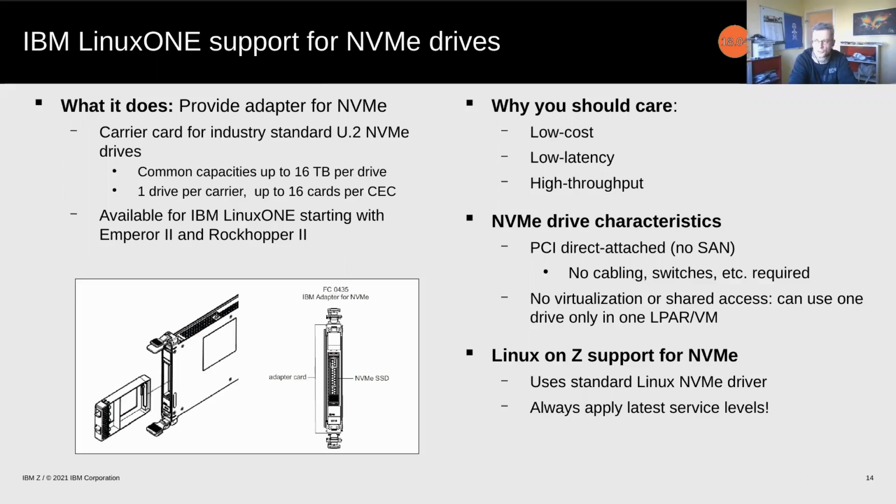So here you can, for the first time, run an IBM Z Linux instance where you're booting from local storage as opposed to booting from some remote storage, your DS8K or whatever you have. That might create some interesting scenarios for your application deployments.